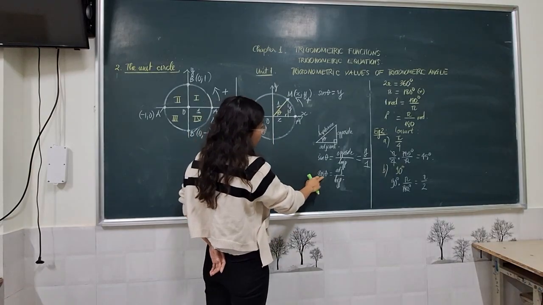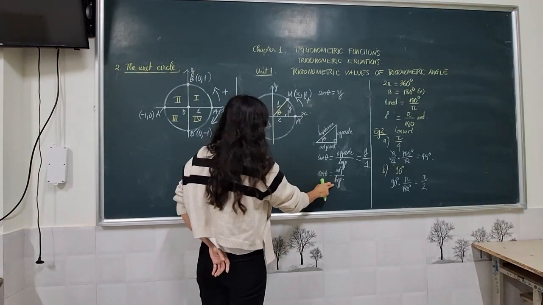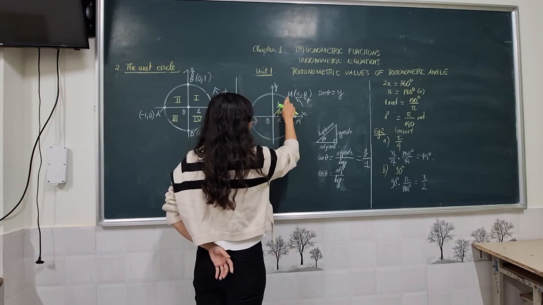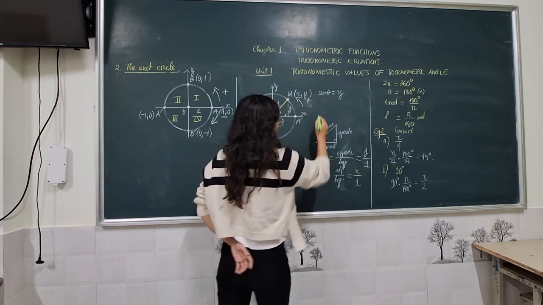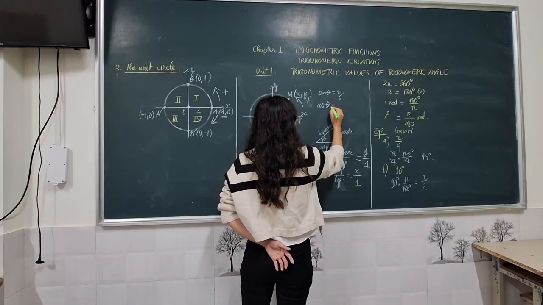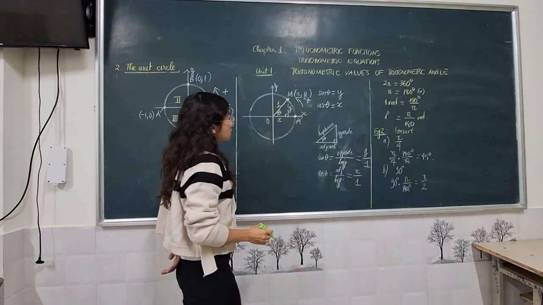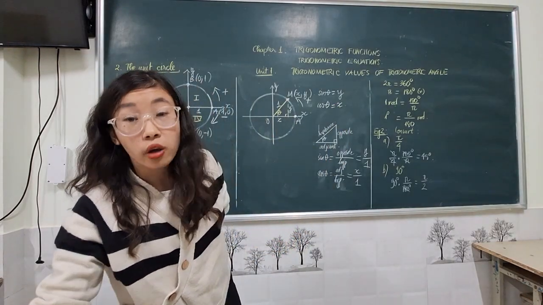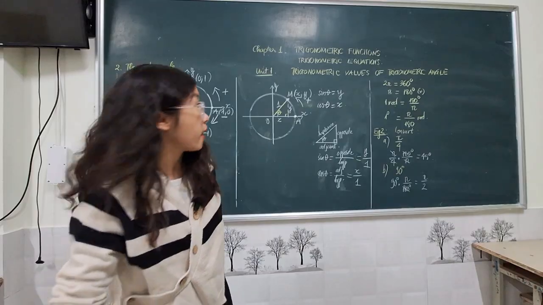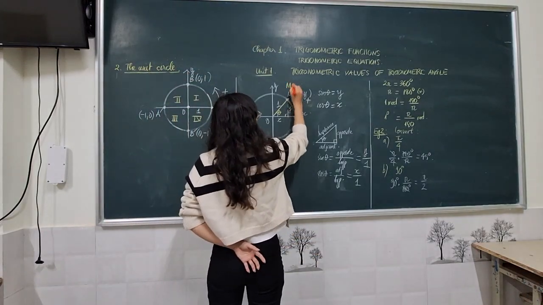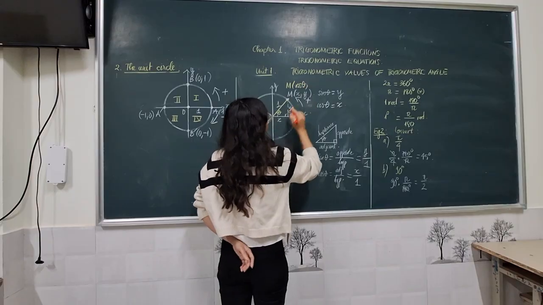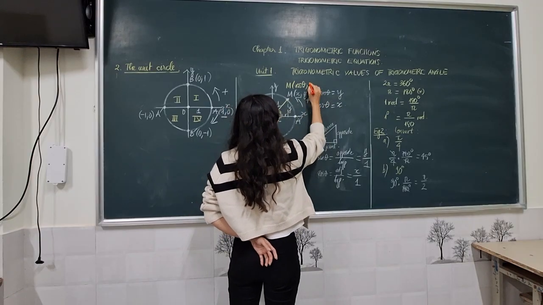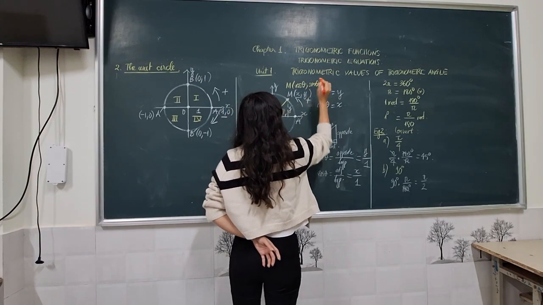And cosine theta equals the adjacent over the hypotenuse, x over 1. So cosine theta equals x. So we write the coordinates of the point M with x as cosine theta and y as sine theta.